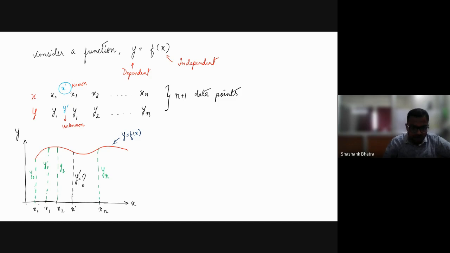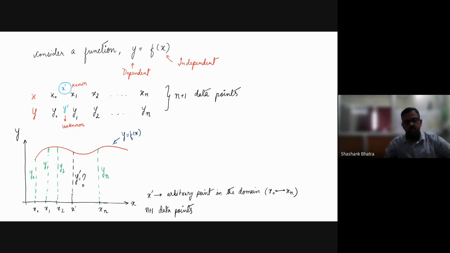Here there are n plus 1 data points, and x prime is an arbitrary point in the domain x naught to xn.